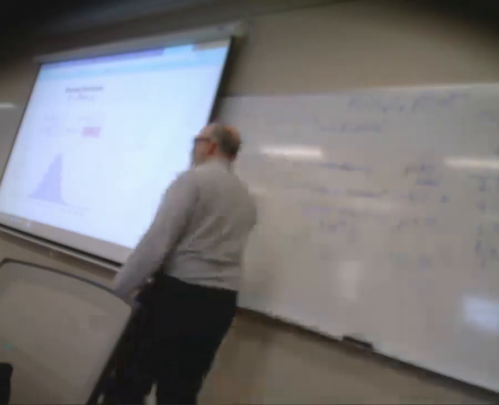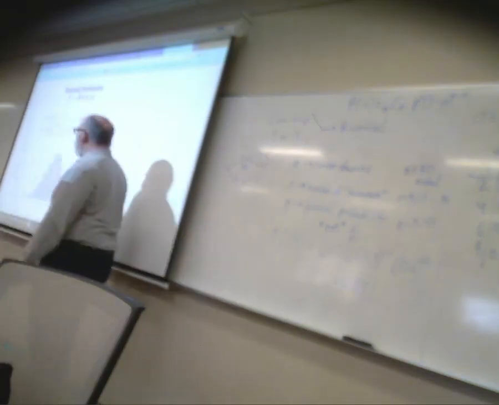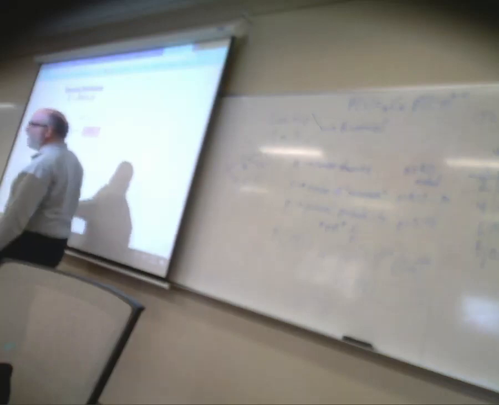So I've got n is 30, p is 0.4, and x is 14. There's my number. What's nice about this is that it also shows me a graph. So here is a graph of all of the different things that can happen, all the way from 0 up to 30.